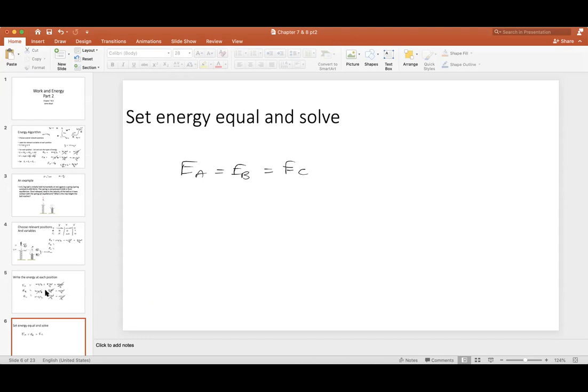That being the case, we can then write this as MGYA plus KXA squared over 2 is equal to MVB squared over 2 is equal to MGYC.